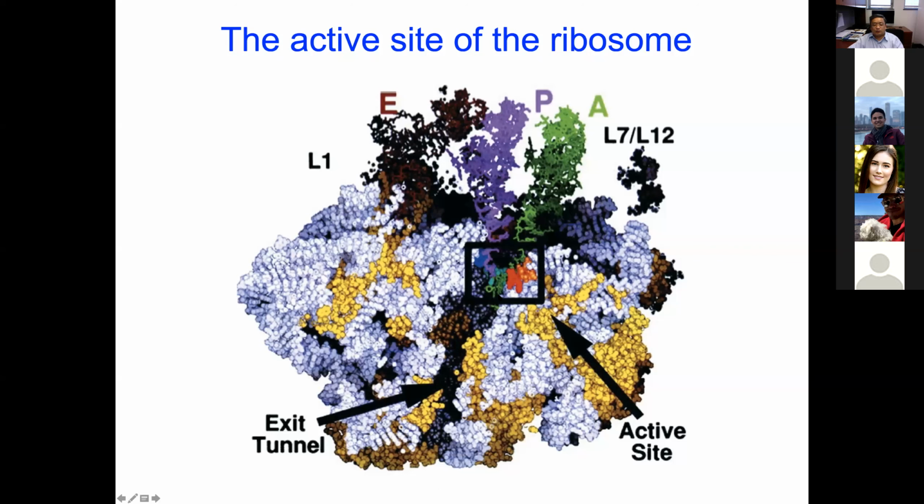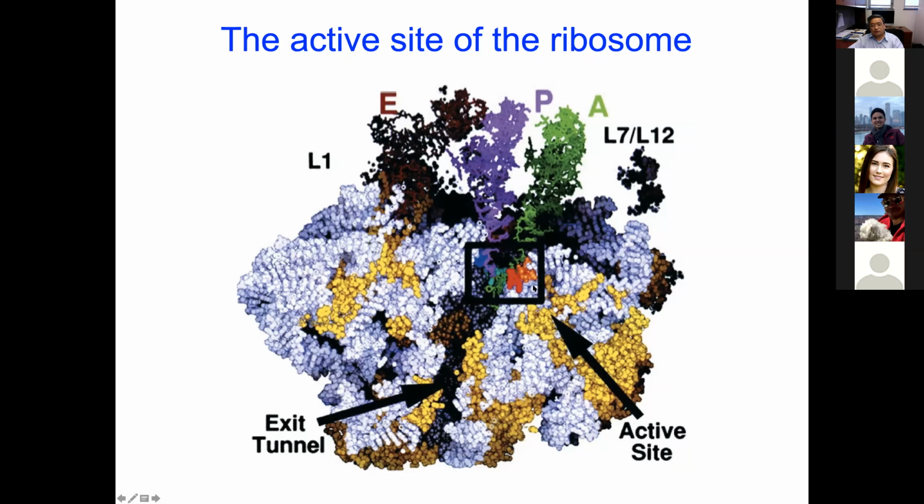And you also see the tRNA at the A site, and its 3' end is positioned very close to the active site of the ribosome, very close to the ester bond between the tRNA and the P site tRNA. The ribosome will catalyze the formation of a peptide bond between the amino acid on the A site tRNA and the polypeptide on the P site tRNA.